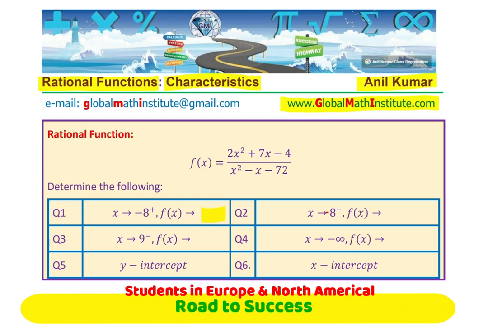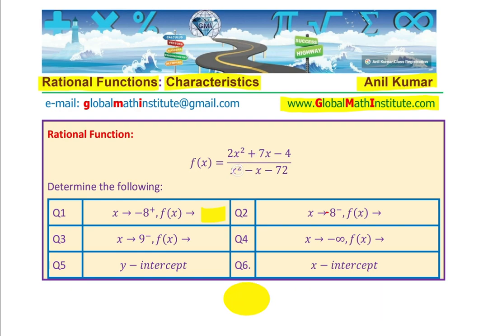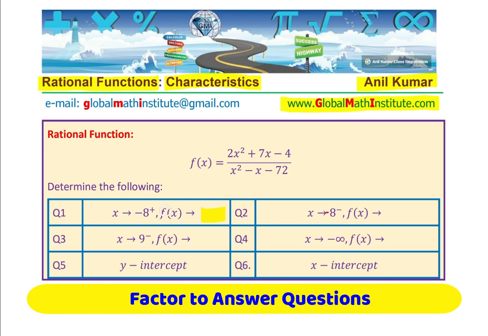Now you can visualize that a rational function like this might have two vertical asymptotes. So it may be a good idea to factor both numerator and denominator and then answer these questions. Questions actually give you a hint.